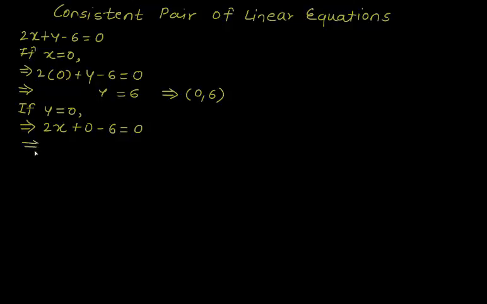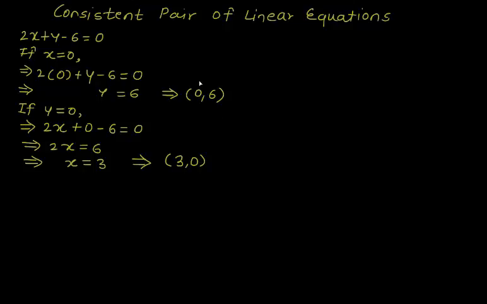That means 2x is equal to 6. Dividing both sides by 2, we get x as 3. So when the value of y is 0, x has value 3. So this is our second solution to the equation. x has value 3 and y has value 0.